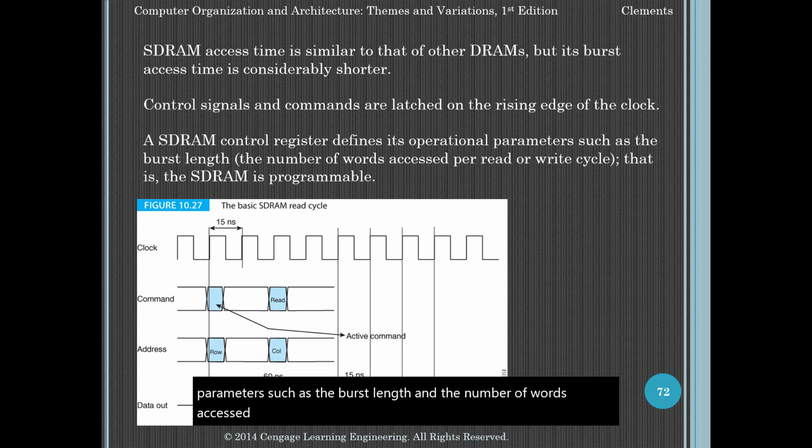So the SDRAM is basically a programmable device whose operational parameters can be adjusted to suit specific systems. So we started to dial in a little better how to use these multiple memory banks that operate independently for best results.